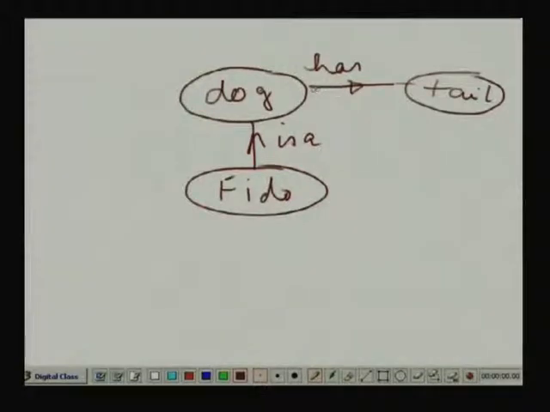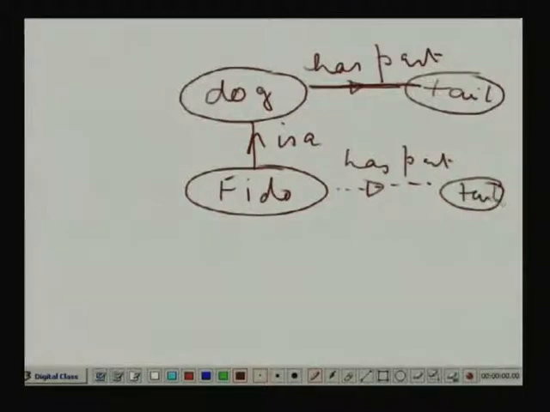Now, this is the property link, has part is the property link and tail is the value of that property. So when I look at Fido, I will inherit this and I will say it also has part tail.